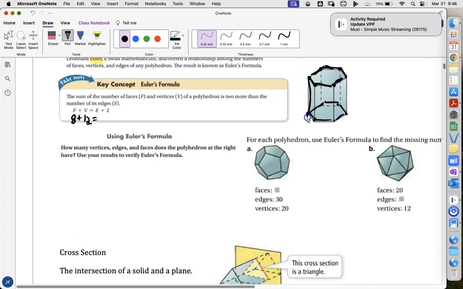Here's the 13th edge, 14th, 15, 16, 17, 18 edges. And then plus 2. Does this equate? Well, that gives me 20, and that gives me 20.